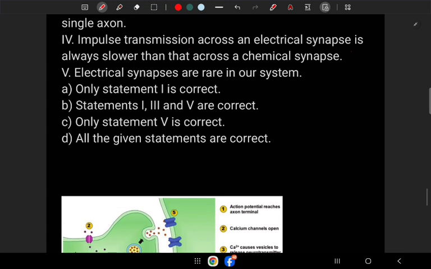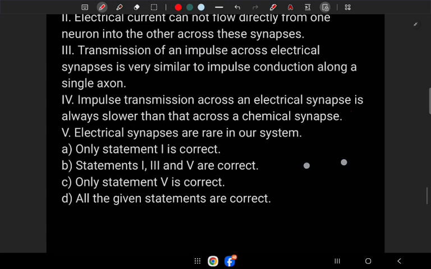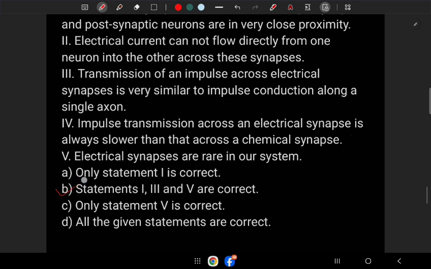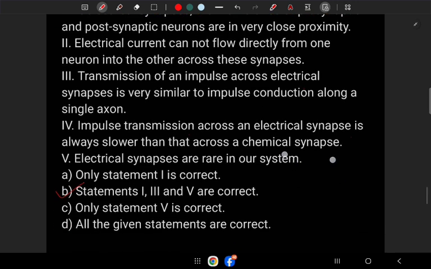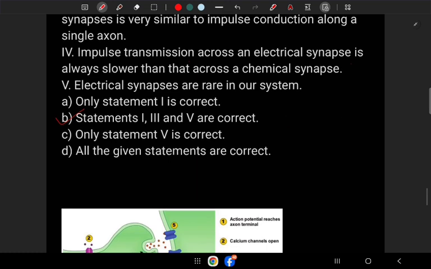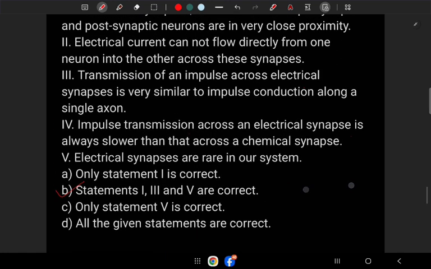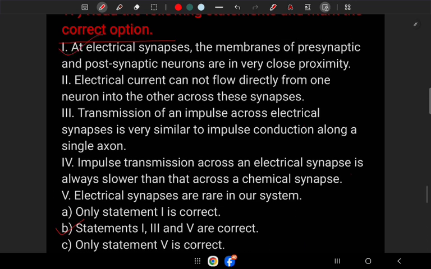So here B is the correct option. Statement 1 is correct: in electrical synapses, the membranes of presynaptic and postsynaptic neurons are in very close proximity. Statement 3 is correct: transmission of an impulse across electrical synapses is very similar to impulse conduction along a single axon.